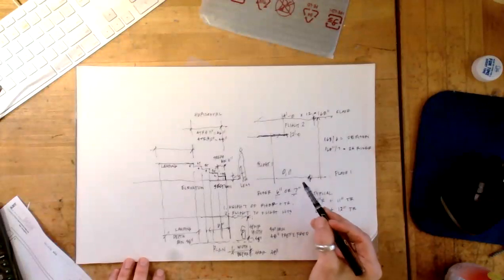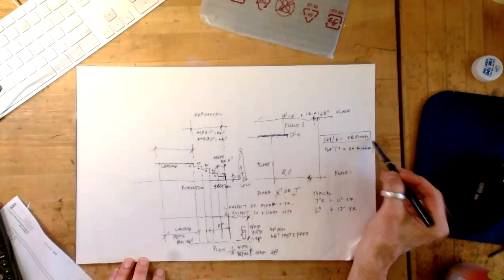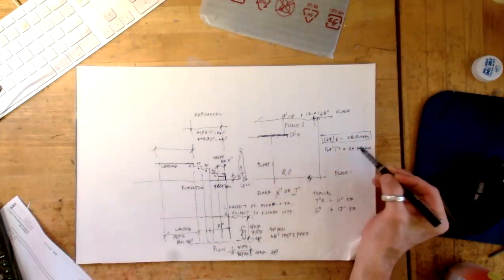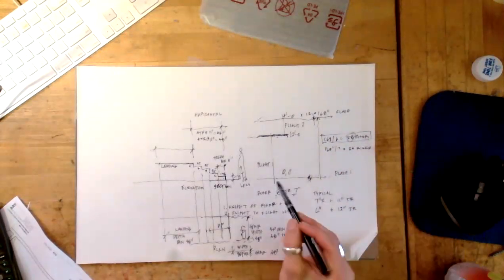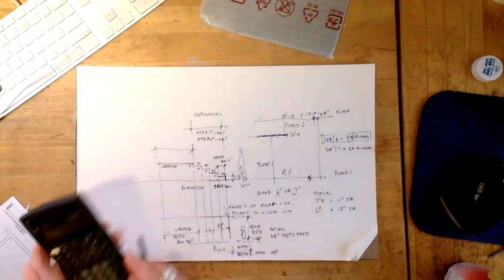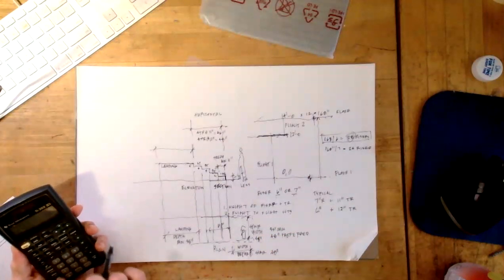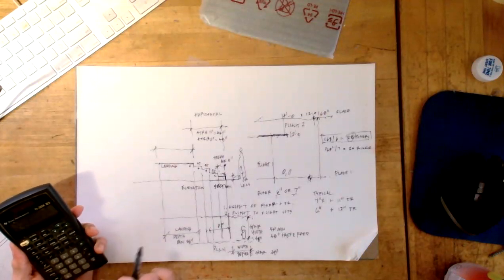If we use the 6-inch riser, then that's 144 divided by 6.